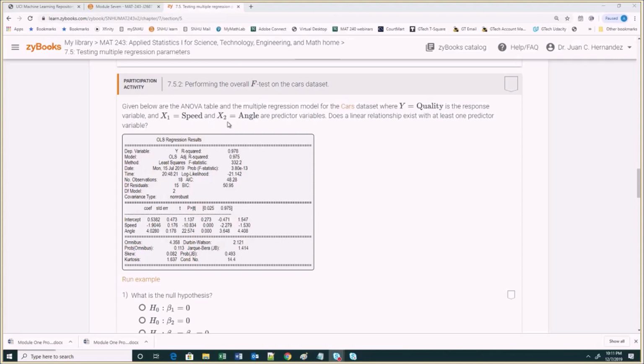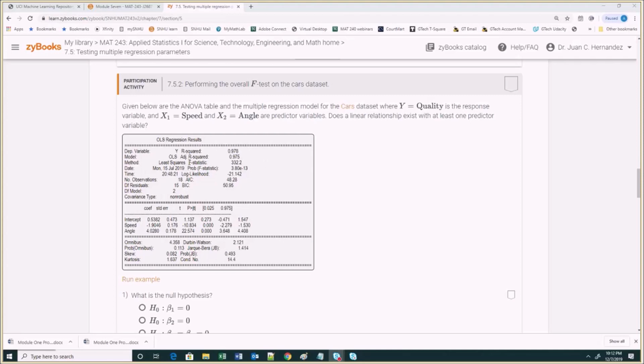If they're both 0, that means speed and angle cannot be used in a multiple regression model to model the quality. The alternative hypothesis is that at least one of these two betas is non-zero. So at least one, meaning it could be beta 1 or beta 2 or both, is not equal to 0, meaning that at least one of these variables can be used in a model to predict quality.